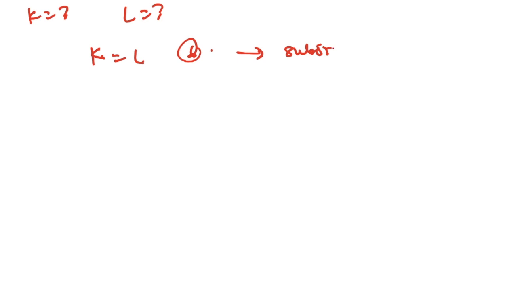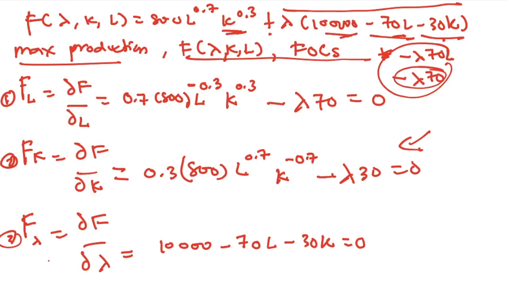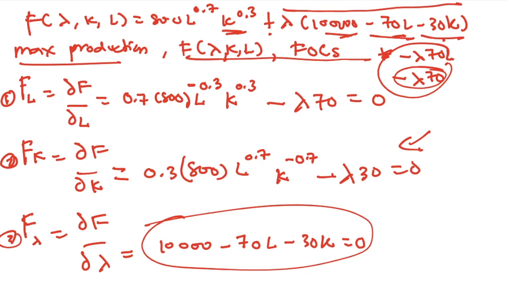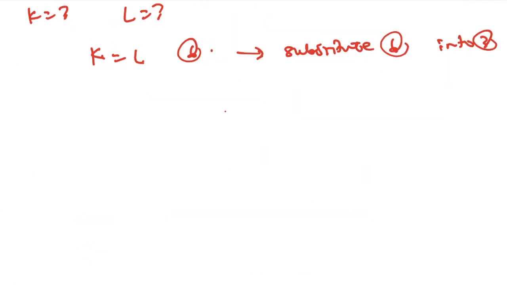Now, remember, our objective is to find how many K and how many L to maximize profit. So finally, you have K equivalent to L for equation 6. What you need to do is substitute 6 into 3. Where is 3? 3 is this one, the first order condition of lambda. You substitute back into this, then you can get how many K, how many L. So let me rewrite it here.